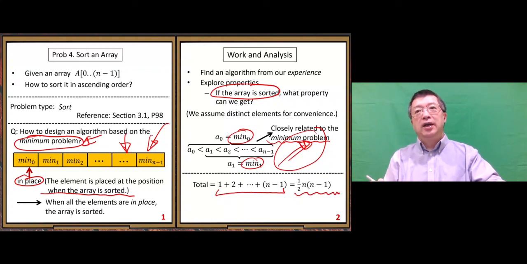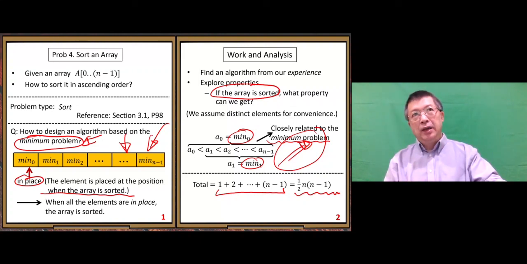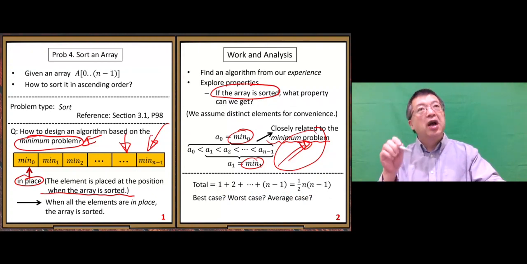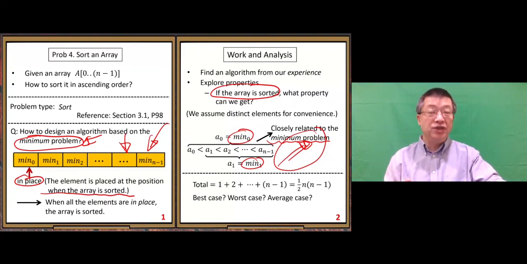All right. Now, after we get this answer, I'd like you to think about another concept, one concept we discussed last time: best case, worst case, average case efficiency. Can you look at that? For this question, it is very easy.